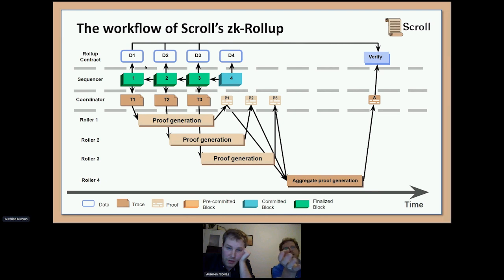Right. So basically, if I understand correctly, the sequencer is really just producing blocks, and then the coordinator will generate the prover. Basically, it will follow the chain, maybe a bit behind, and produce proofs, possibly for a series of blocks, to keep catching up.